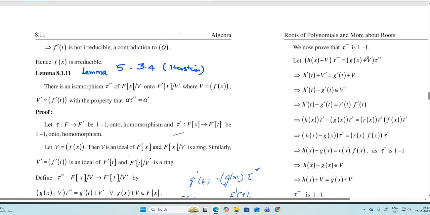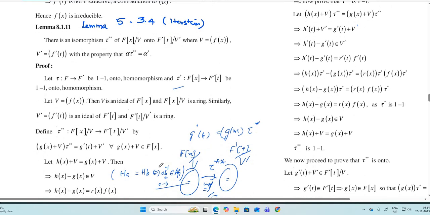For one-to-one, we'll consider the images to be the same, and we have to show that the pre-images are equal. h(x) plus V should be equal to g(x) plus V. So this is nothing but h'(t) plus V' equals g'(t) plus V'. Again the same concept, AB inverse, is used here.